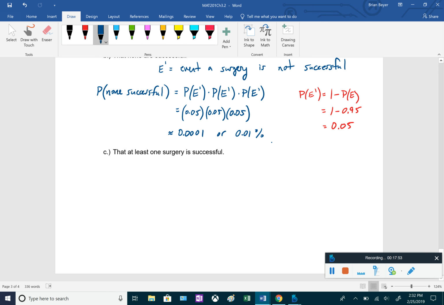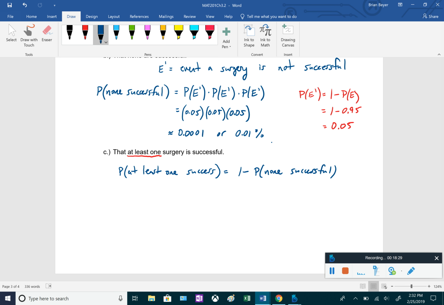Last one here, the probability that at least 1 is successful. So here's that phrase, at least 1. That means we could either have 1 success, 2 successes, or 3 successes, right? Or we can use that shortcut that we mentioned up at the top. The probability of at least 1 success equals 1 minus the probability that none are successful.